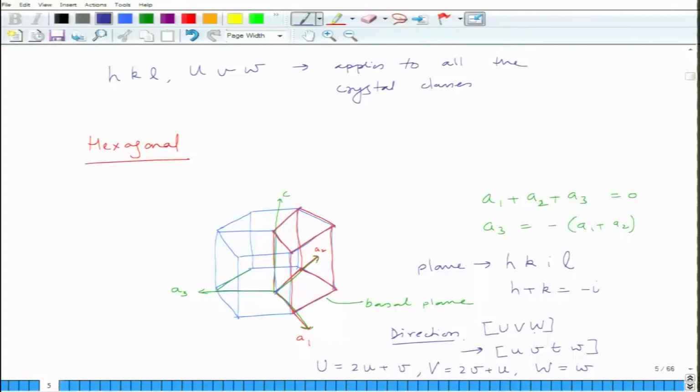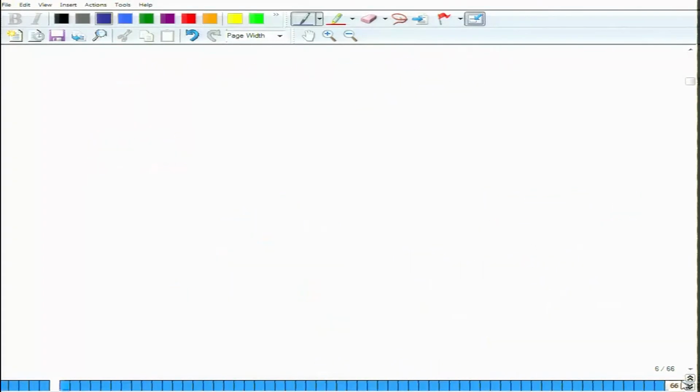So the plane HKL in the 3 coordinate system can be represented as HKIL in the 4 coordinate system, where H plus K is equal to minus I. Direction capital U, capital V, capital W can be represented as small u, small v, small t, small w, where there is a correlation between all the u's and v's, all right. So this is one simple representation of the hexagonal system.